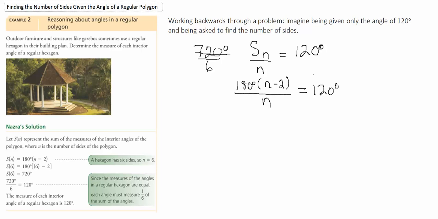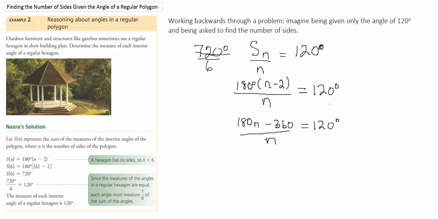Now, we can simplify 180 times n minus 2 by multiplying through. So we can take 180n minus 360, divided by n, is equal to 120 degrees.